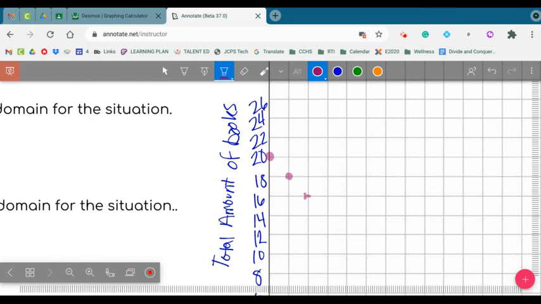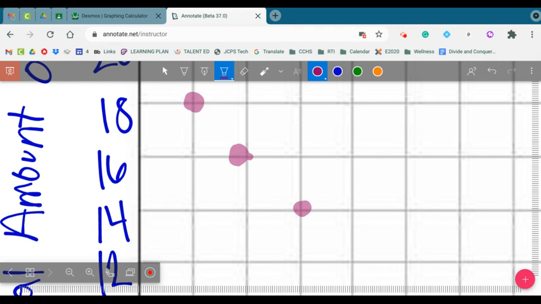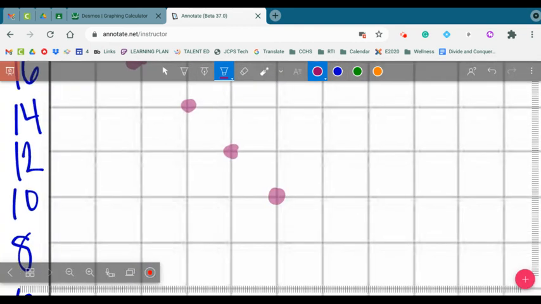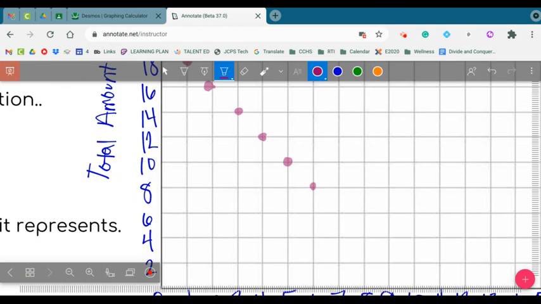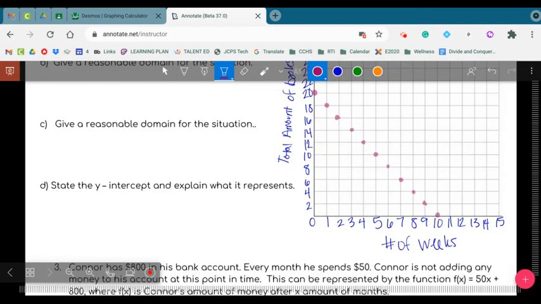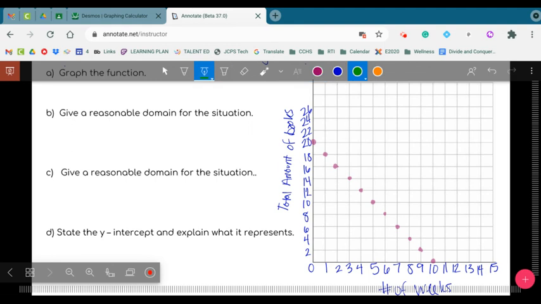Down 2 books over 1 week. And I'm going to keep going down in the same pattern. That is why I'm saying if you go up by your slope, you'll be able to go down by just 1 box each time. Okay, draw a line in between your points. Actually, this is just a segment because once I'm out of books, I'm out of books. Luca can't read anymore.